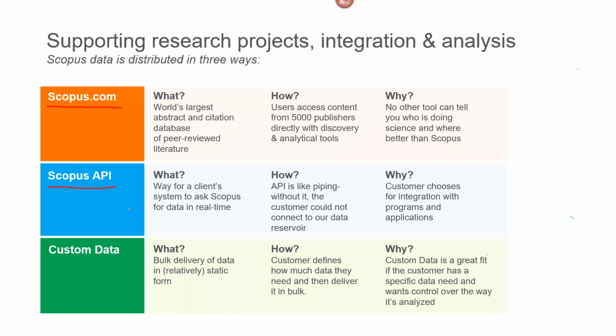Just contact us and I will connect you to the API team, and then you can get your API key and start using the APIs. The third way is custom data. This is slightly different. If you have a project and you require special data, then you contact us, and we can provide you with this custom data.